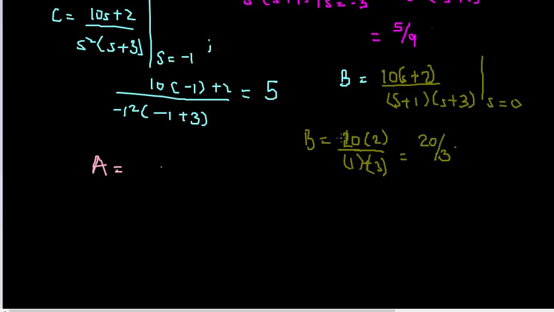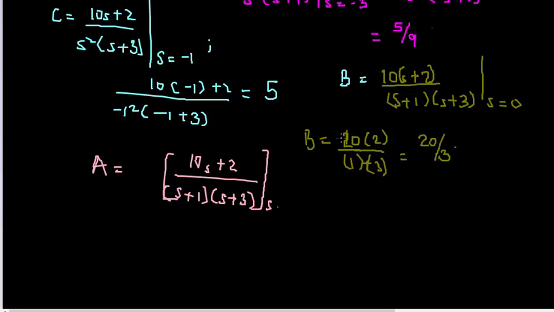Now this becomes 10(s plus 2). If you equate s to 0, you get 0. So I have s plus 1 into bracket s plus 3. So I remove the s squared there at s equals to 0 in this case. Now what I'm going to do is differentiate this.